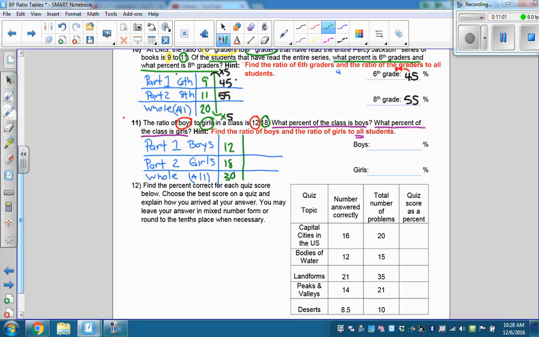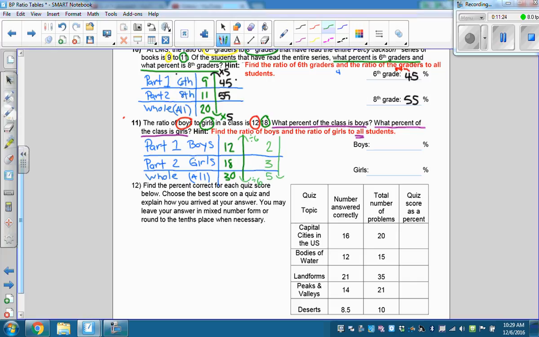We want to get percent. So what we can do here is divide out the common factor. Divide by 6, and that would give us 5. Divide 18 by 6, and you get 3. And divide 12 by 6, and you get 2. So we're dividing by 6 here.